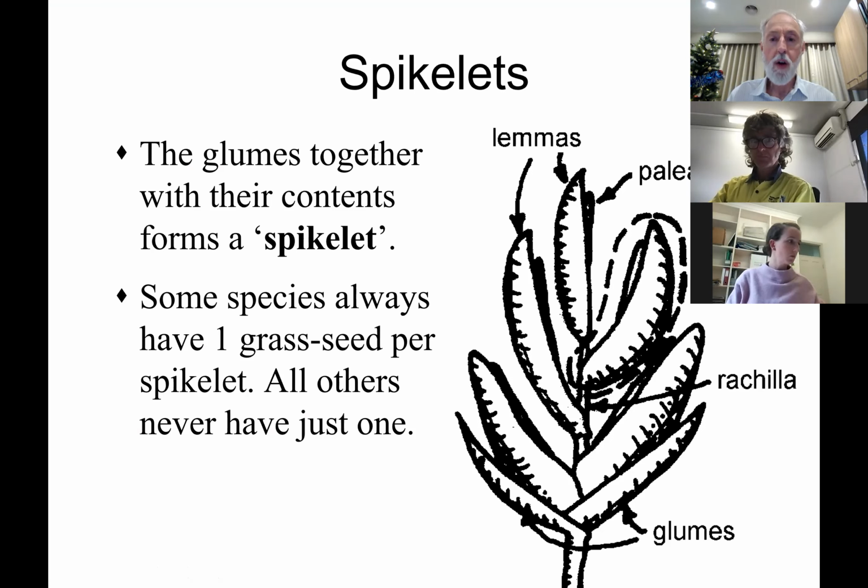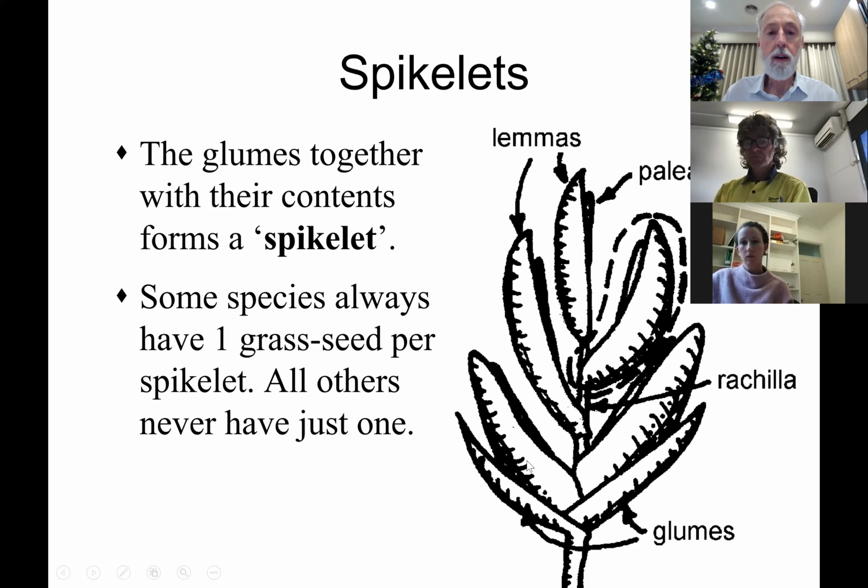Here's a case of a typical simple sort of grass whose spikelets contain a pair of glumes, which in most grasses remain on the plant once the seeds are shed. And inside that pair of glumes, there may be just one seed, and that would be for the whole tribe within the grass family, or there may be multiple ones.